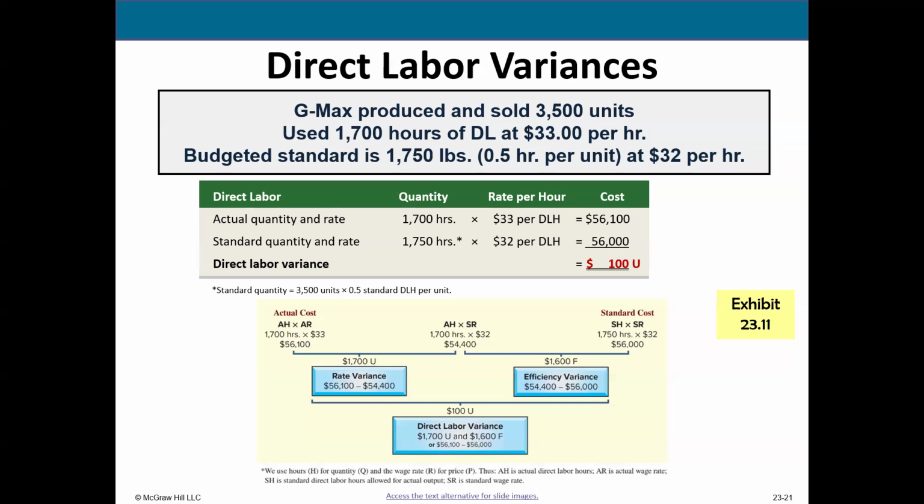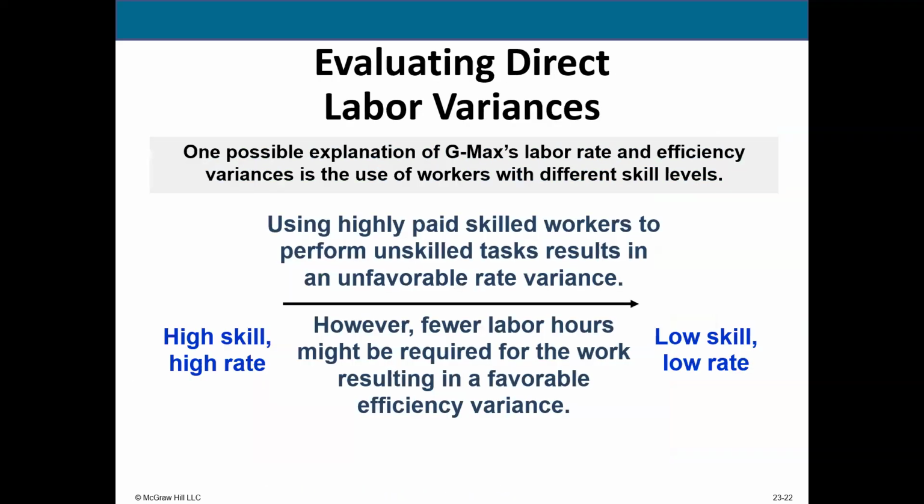So that's a $100 unfavorable variance. Not a huge variance, but it's something. But it's important to understand what's going on between these. So if I were in management, I would just be like, hey, something's going on with this rate variance. I'd really want to understand why that's occurring. And so management will investigate and they'll say, hey, this 1,700 unfavorable, why is it so big?